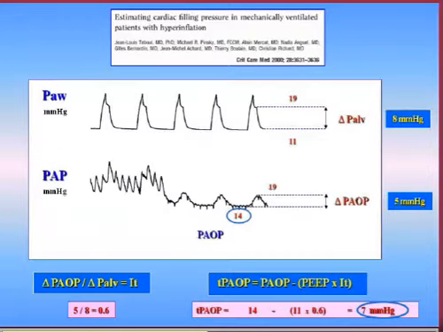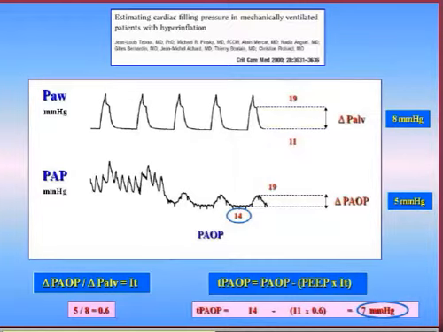For example, in these patients, we can measure a delta alveolar pressure of 8, plateau pressure is 19, the total PEEP is 11, and the delta PAOP is 5. And we can compute the ratio of the two values, and 60% of transmission.